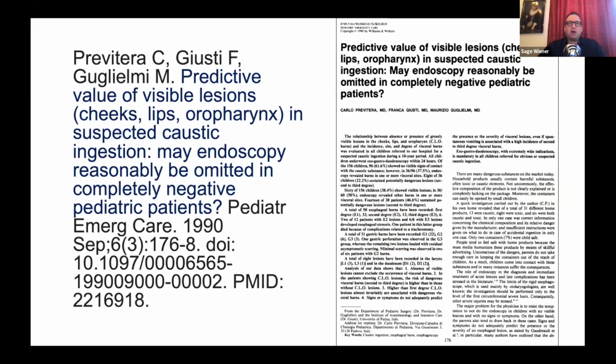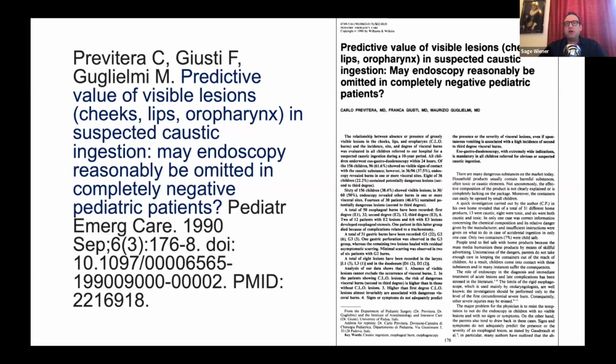So Previtera did a study looking at the predictive value of lesions in the mouth, cheeks, lips, and oropharynx, and basically found that if you see lesions in the mouth, lips, cheeks, then the patient is much more likely to have an injury, but the absence of those lesions is just not good enough to exclude an injury.